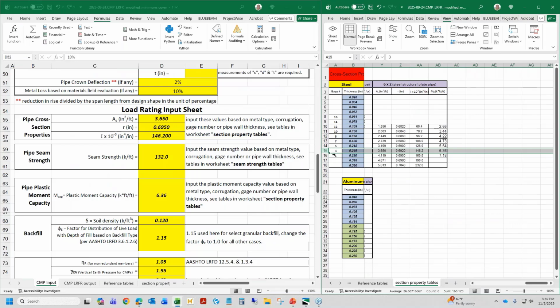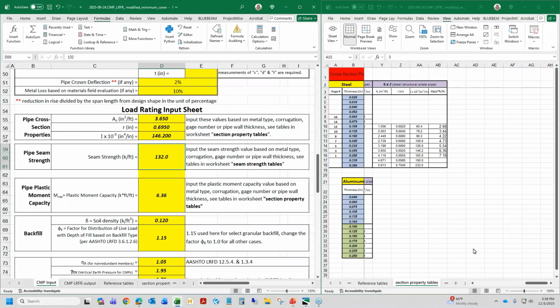So we go to this particular column, and we get the wall area, the radius of gyration, the moment of inertia, and the plastic moment capacity. And we enter those values into area, radius of gyration, moment of inertia. Make sure that when you're doing this, our units are correct. We've tried to make sure that all the units in the tables match the units that are required in the spreadsheet, but just to make sure. And then also add the plastic moment capacity.